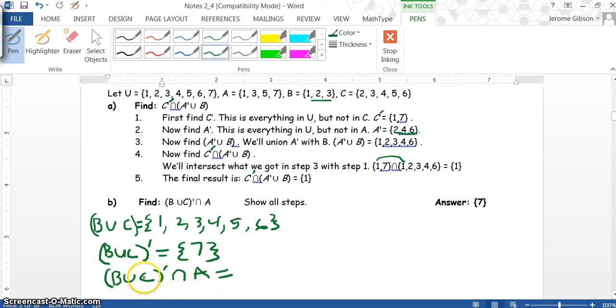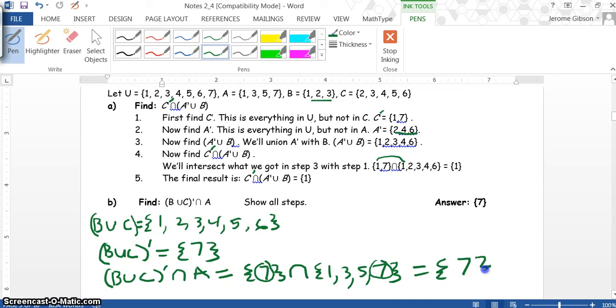Now we know B union C complement is 7, and we want to intersect that with A. A is 1, 3, 5, 7. Now if we look here, the only thing we have in common is 7. So our final answer would be the set of 7. And that is our final answer.